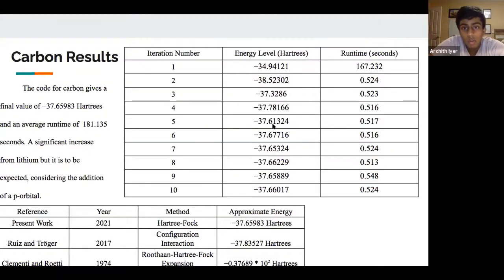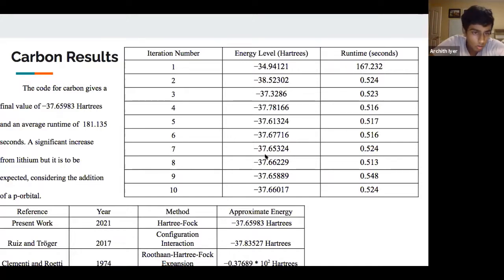These were results for carbon. I'm just going to skip boron because boron and carbon yielded pretty similar results in terms of runtime, and there wasn't too much of an impressive result there. The code for carbon gave us a final value of negative 37.65 Hartrees, and the average runtime was 181 seconds.